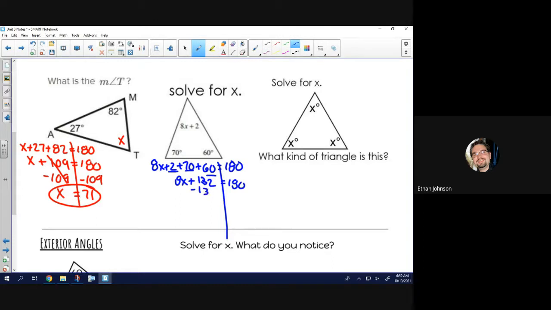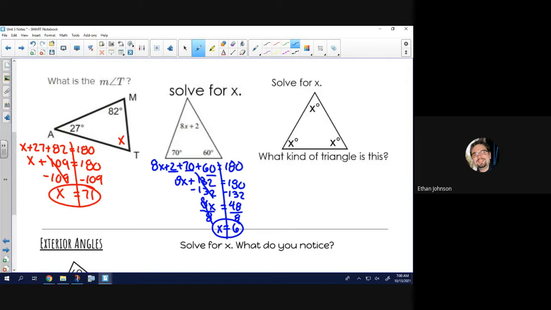Subtract 132 from both sides. You get 8x equals 48. Divide both sides by 8. X equals 6.